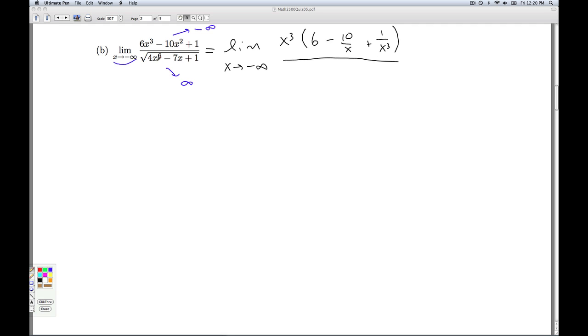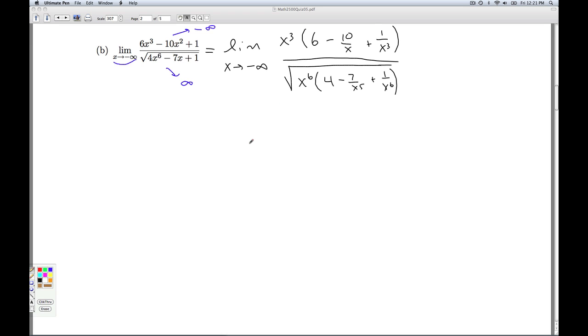And in the denominator, I'm going to be factoring out an x to the 6th from inside the radical. So I'm just going to do this one step at a time, because this is where the mistakes happen on these kinds of limits. So this is where we have to be careful. I want to use properties of radicals and bring out and simplify the square root of x to the 6th.